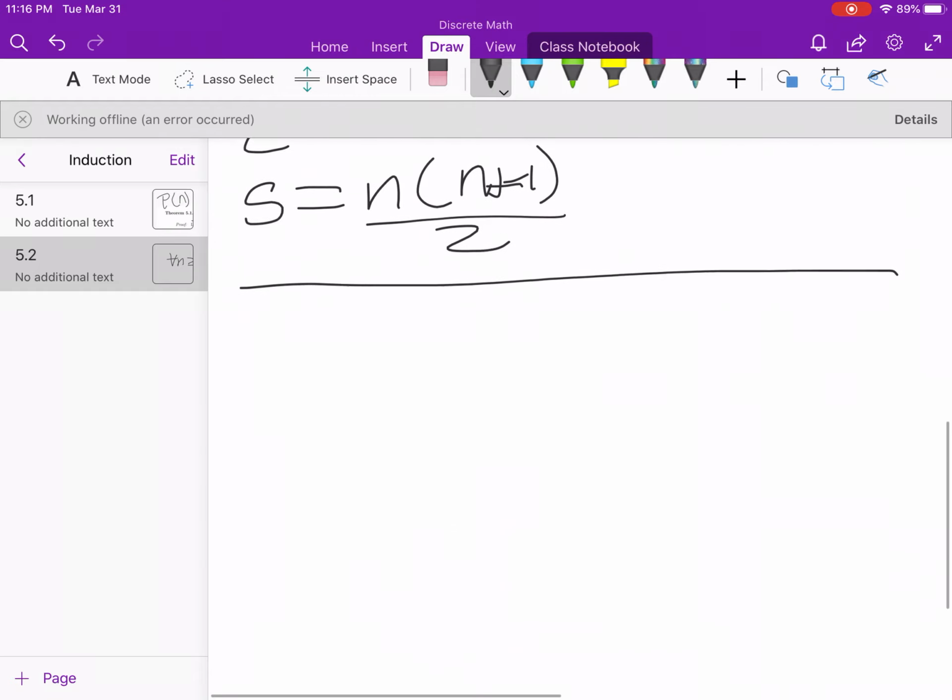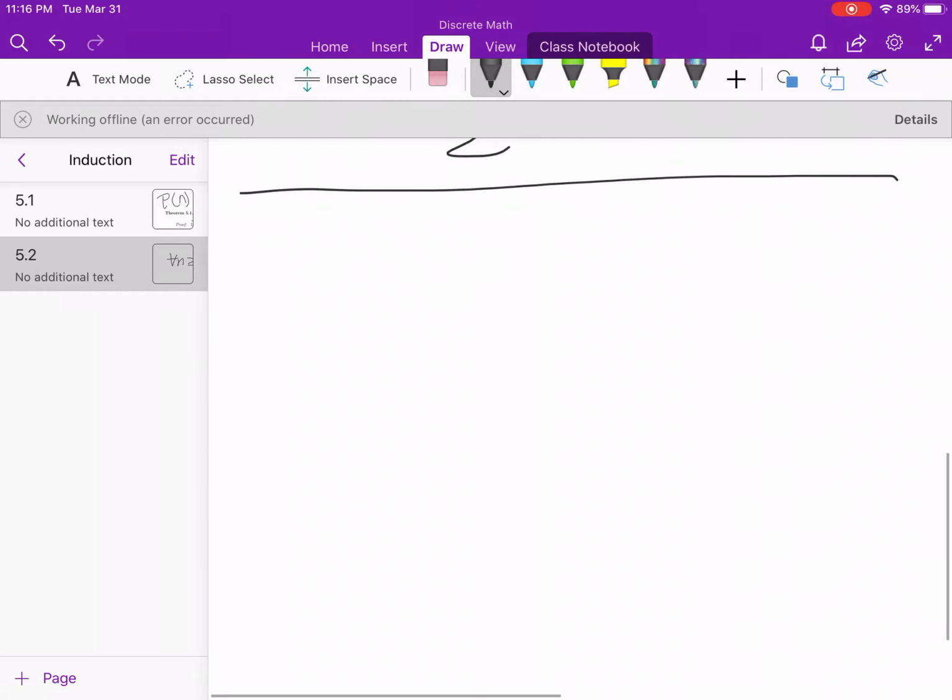And let's see what happens when I try to prove the correctness of this using induction. I could say the proof is by induction if I want. What do I always do? When I do an induction proof, I start with what's called the basis step. In this case, this is a slightly different statement than what's in the book.